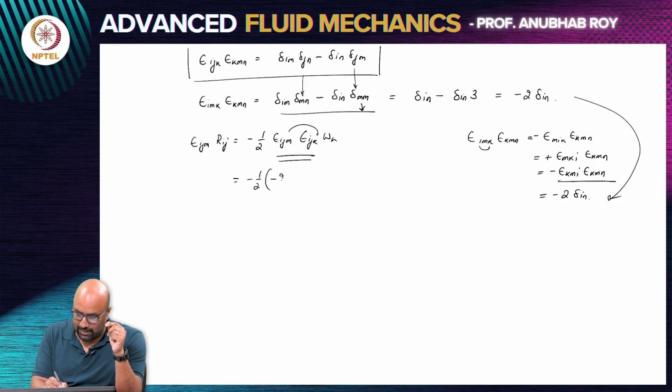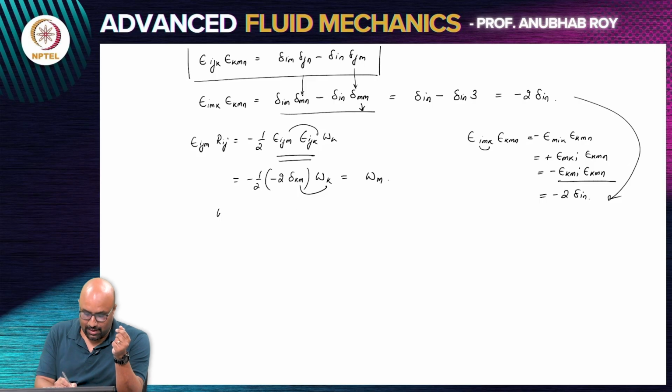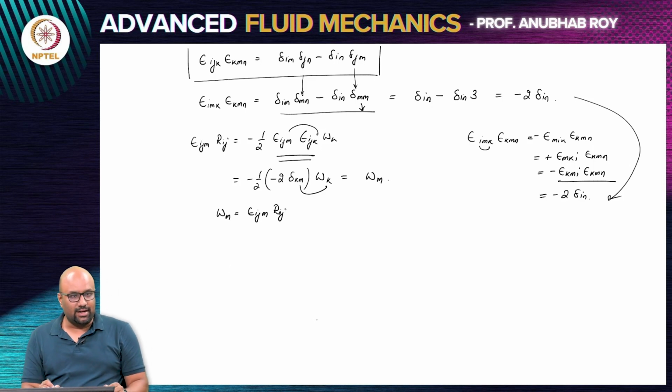So when you just apply that, it becomes delta km omega k, where k and omega get switched. As I said, the Kronecker delta, whenever it operates or dots with some quantity, is going to replace the repeated index with the free index. So this becomes omega m. So omega m is epsilon ijm rij. So we have just inverted this relation.